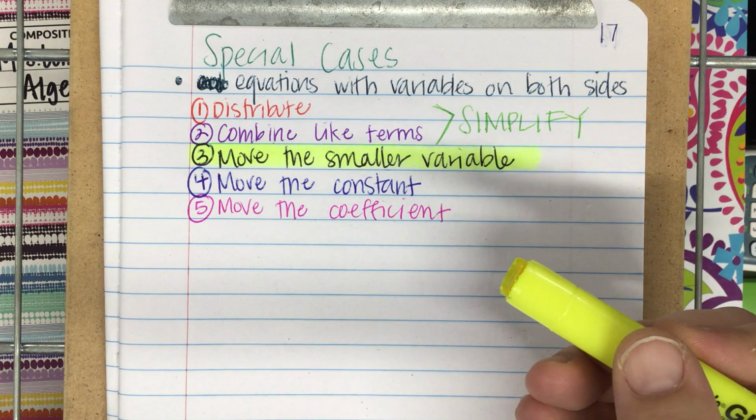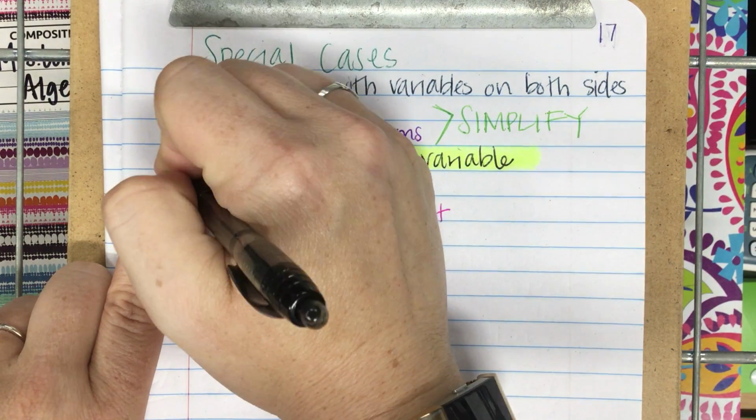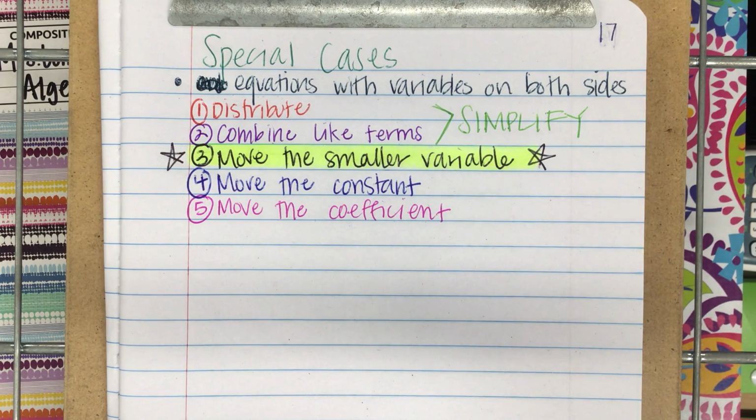Did you see my fancy highlighter? Yeah, I know. It's a game changer. Step 3 is where we throw a wrench in the system. This is the game changer today.